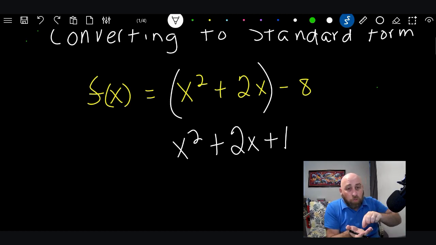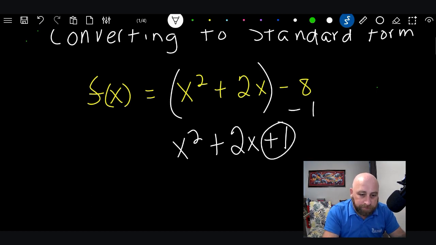If I take 1 out of this stack, but I want to keep this side the same, I don't want to add anything over here because I don't want it to get out of balance. So if I add a penny over here, then I would need to take a penny away. So if I add 1, I also need to subtract 1.